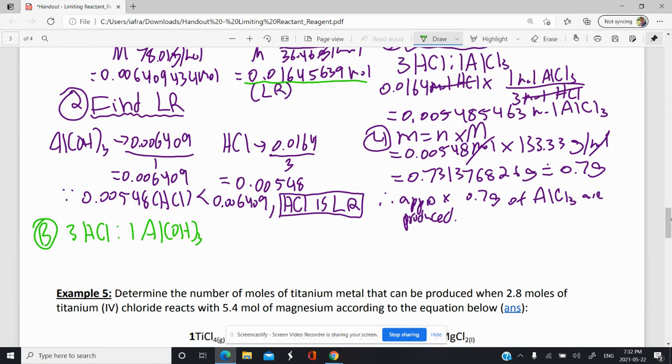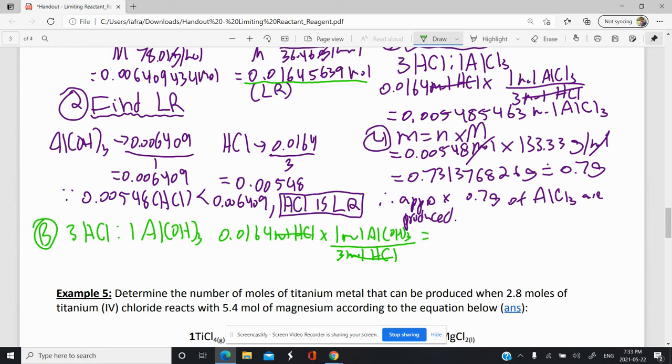And so I'm going to take my 0.0164 moles of HCl, and I'm going to multiply it by 1 mole of AlOH3 over 3 moles of HCl, because I'm canceling out the HCl.